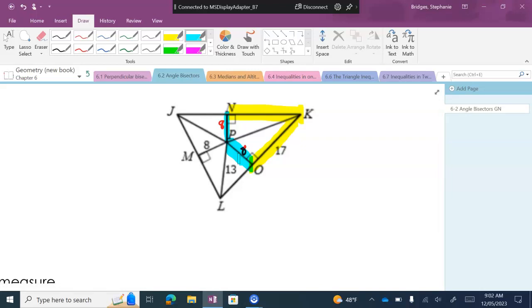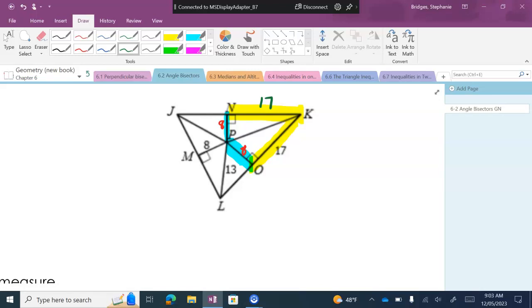What we need to know here is because these two, PN and PO, are congruent, that means that this big angle has been bisected. And another thing that we can say is, what is KO labeled as in this picture? 17. So that means that one is also 17. This is for incenters only. This doesn't work for any other point of concurrency. Only for incenters.